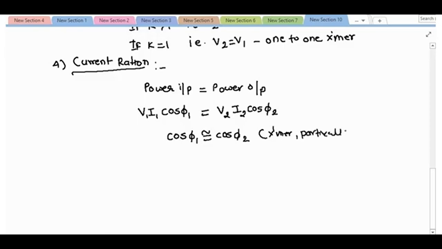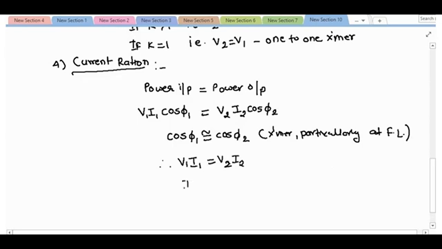Therefore, I can write V1 I1 equals V2 I2, so I1 upon I2 is nothing but V2 upon V1.